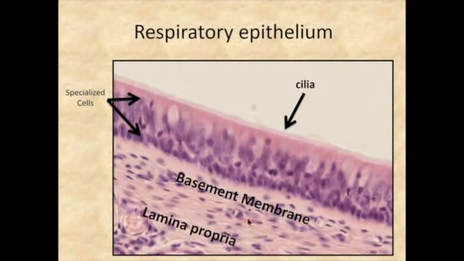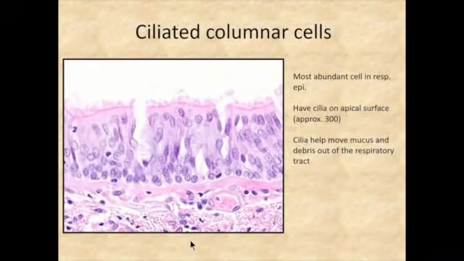And underneath the basement membrane, there is an area of connective tissue that we refer to as the lamina propria. This region has some special structures throughout the respiratory system in it. For example, glands and cartilage would be 2 things in that area. That term is thrown around a lot in this chapter, and they don't really explain it too well, so I just wanted to point that out.